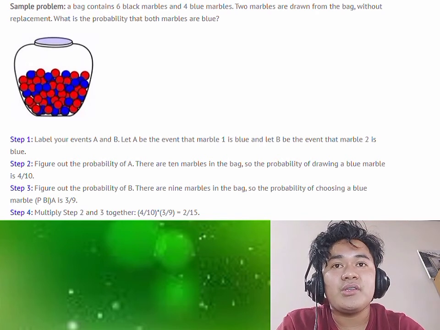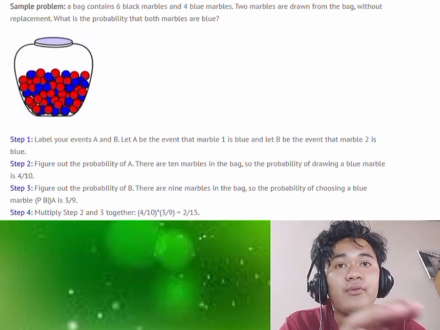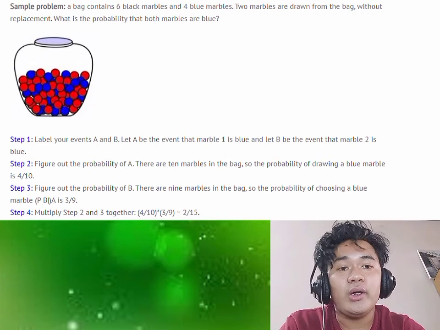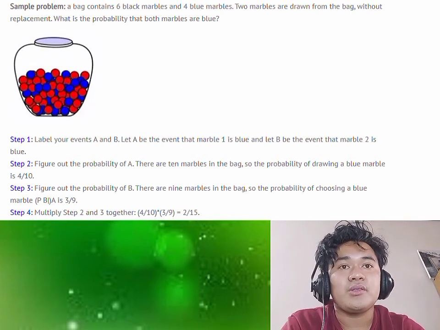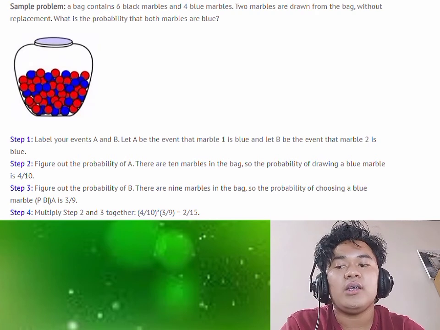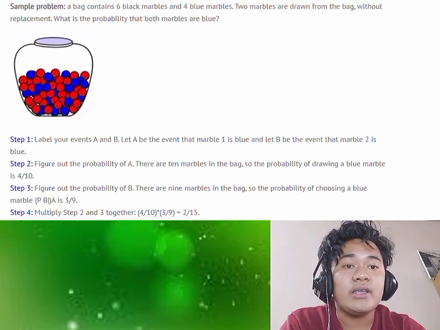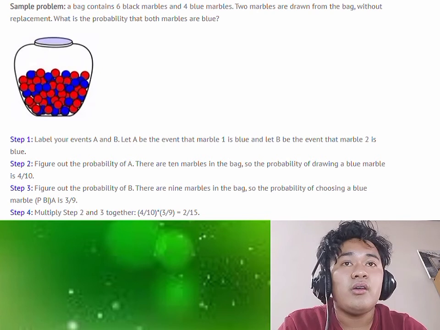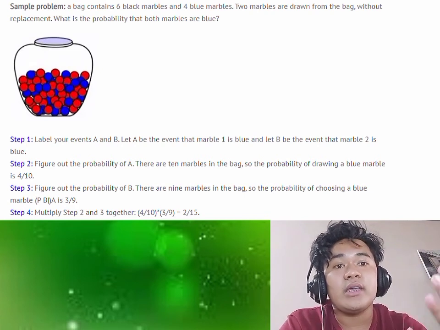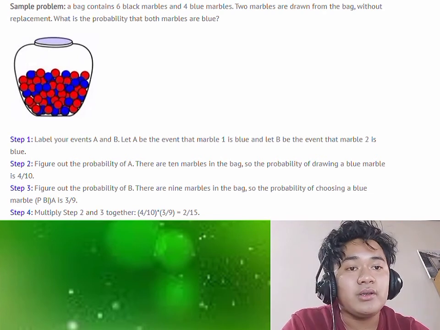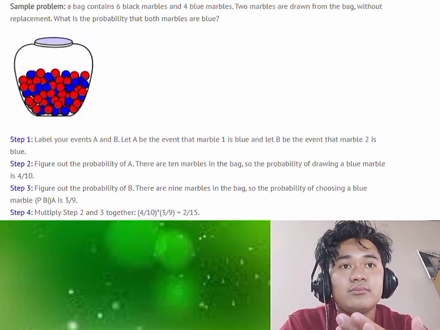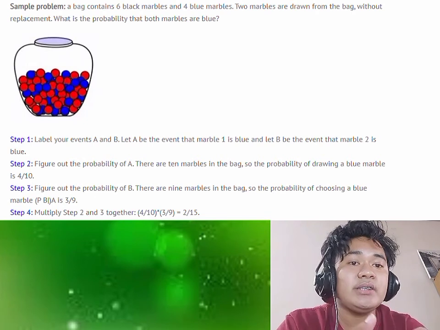First, you have to figure out the probability of your attempt number 1, which is you're about to draw a blue marble. So the probability of you getting a blue marble in the first attempt is 4 out of 10. 4 because there are 4 blue marbles in the bag, and 10 because there are 10 total marbles available in the bag.